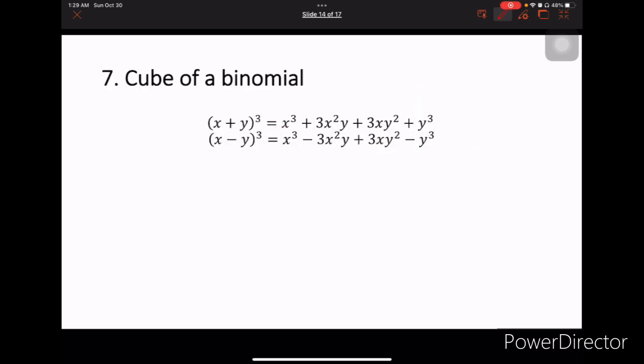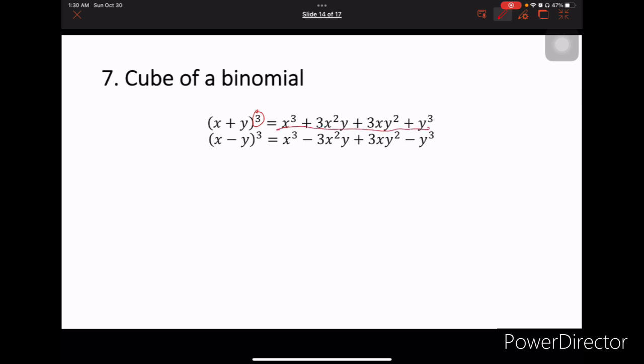Now let's move on to the cube of a binomial. So you will know that it's a cube of a binomial if you have 2 terms separated by an operation. It's either minus or plus, and then the whole expression will be raised to 3. So we have now the quantity of x plus y, quantity cubed. This is just equal to this expression here.